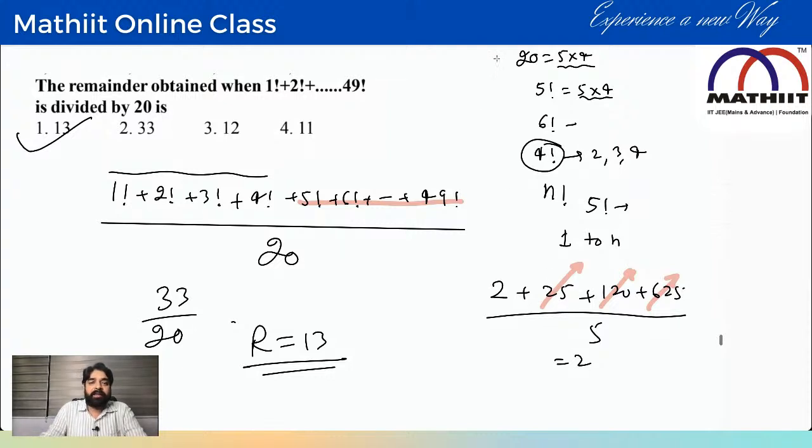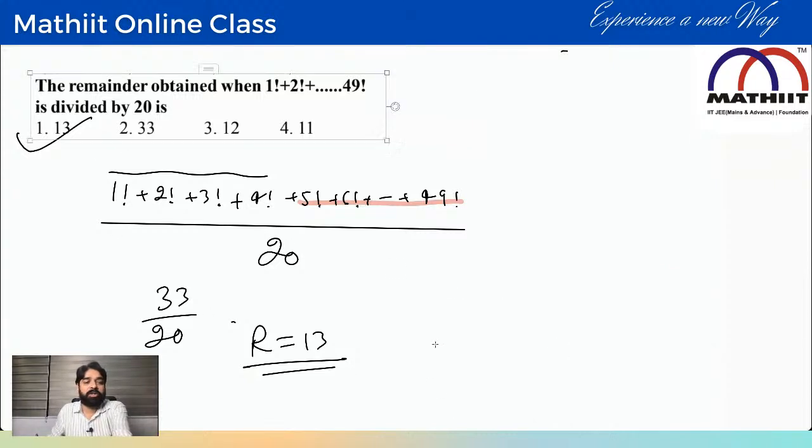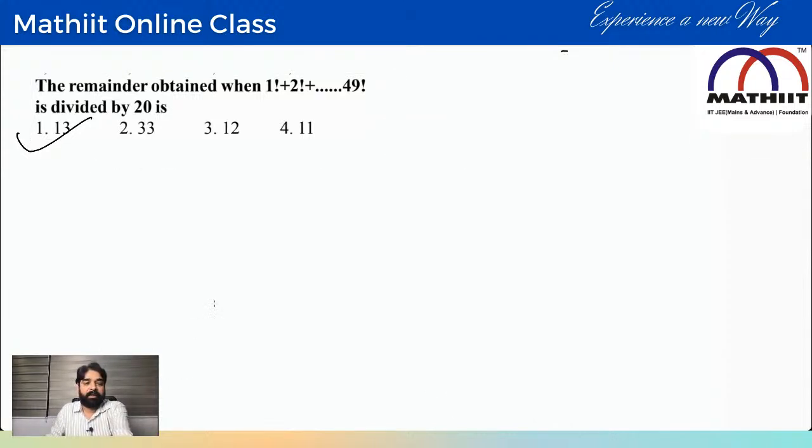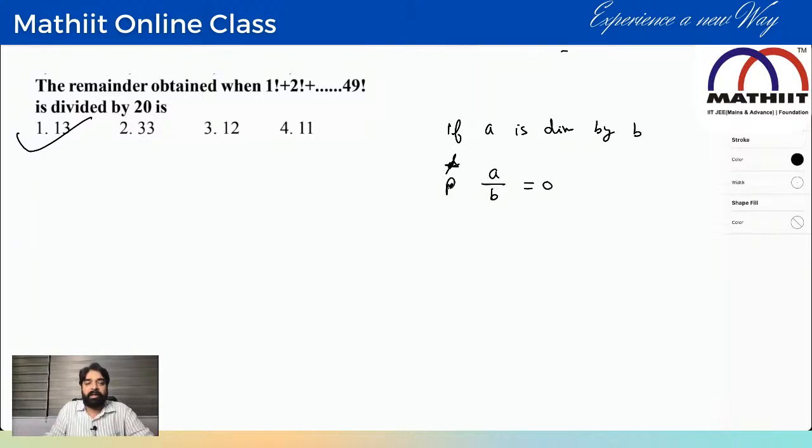If I ask you the remainder, it means we have to ignore those numbers which are divisible by that. If A is divisible by B, then the remainder of A by B will be 0, because when you divide A by B, it becomes 0, since A is divisible by B. If I ask, if A is divisible by B, what is the remainder of A plus 2 divided by B?